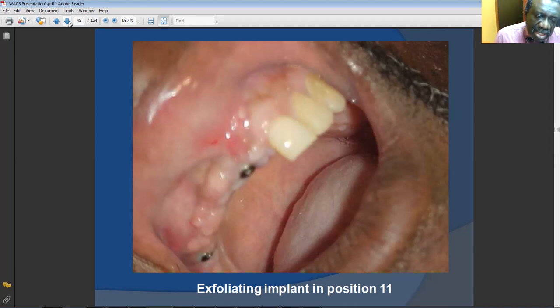I had placed the implant very early in December, and I flew from Jamaica to Trinidad for Christmas. And I think on Boxing Day, he called me saying that one of his implants was coming out. And I said, no, Mr. Luis, it's not possible for your implant to be coming out, and I will soon be back in Jamaica.